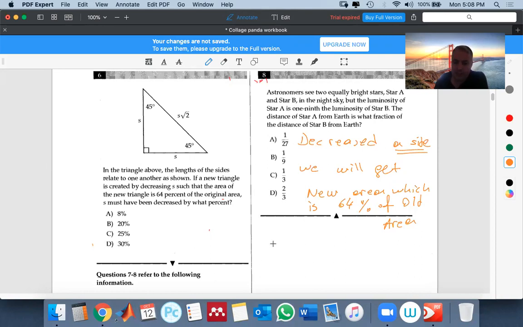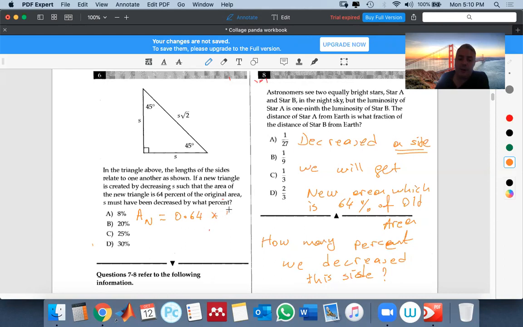So the question is this: how many percent do we decrease this side? Okay, to solve this, first of all, the new area is equal to 0.64 times the old area.